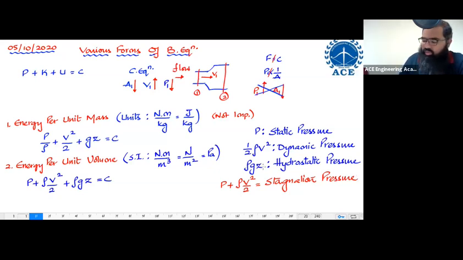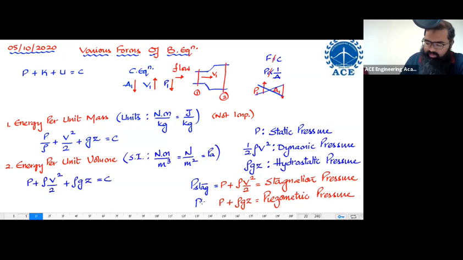Next, P plus rho g Z is called piezometric pressure. You will understand why these names are there. From here onwards, I'm going to represent stagnation pressure as P_STAG, and piezometric pressure as P with a star on top.